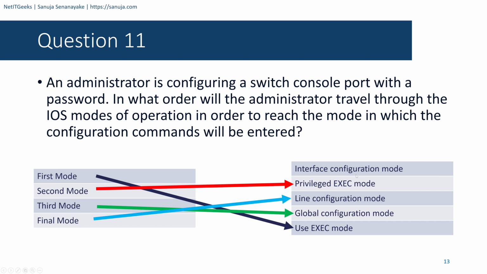Interface configuration mode is not part of this series of steps that this administrator has taken, because we are not configuring an interface. Again, this is one of those questions that Cisco may throw into your lecture exams, but it is actually part of your labs.